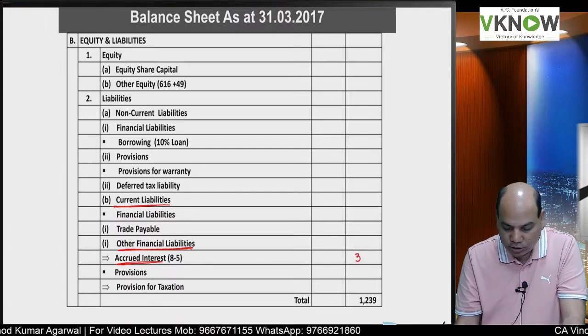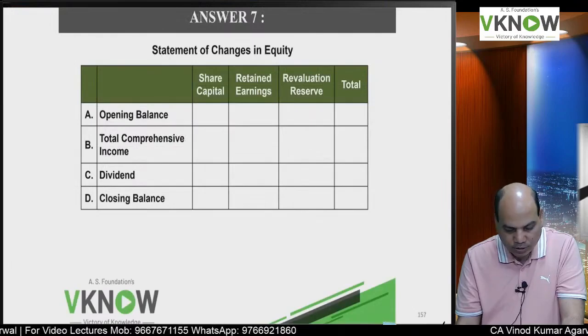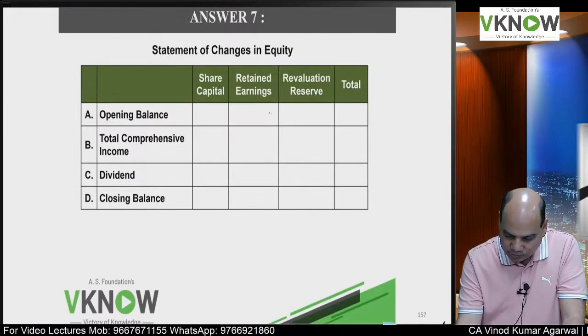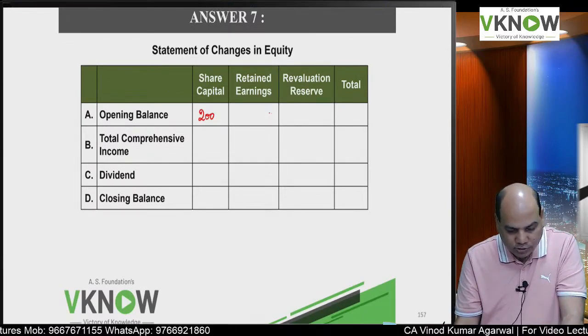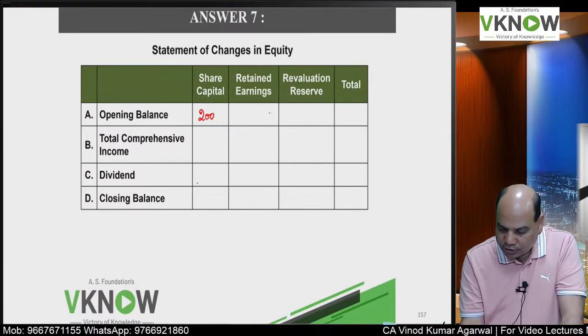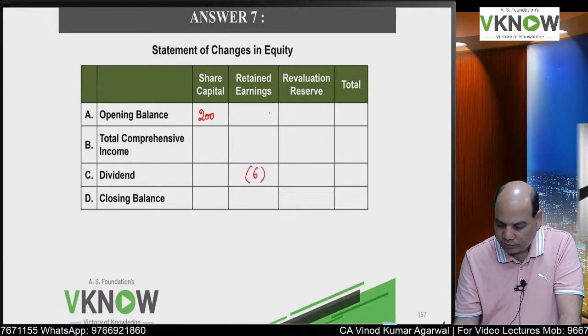Share capital 200. That will come in SOCIE. Share capital, opening balance 200. Just write here, I'll come back to this. Dividend 6 will come in SOCIE. Dividend paid from which reserve? Retained earning or revaluation reserve?